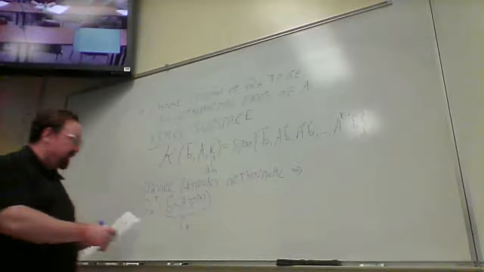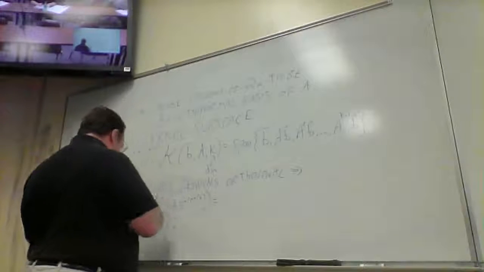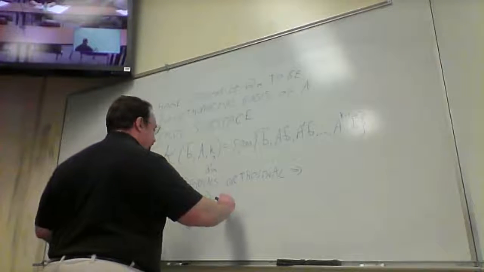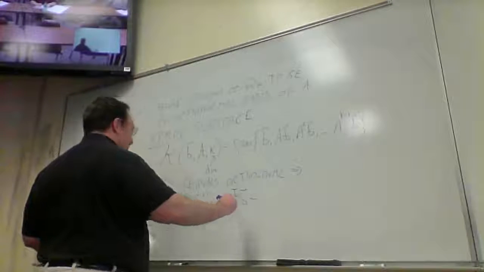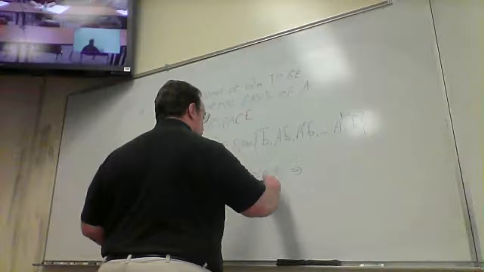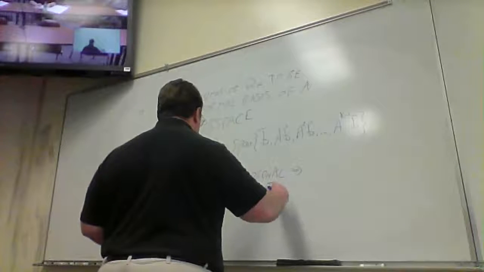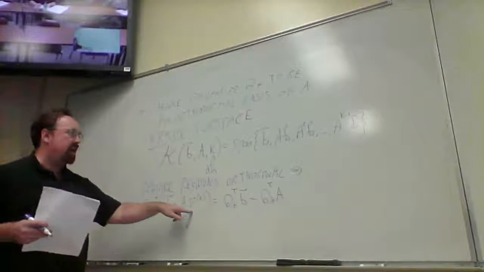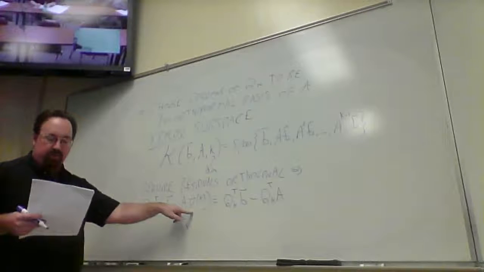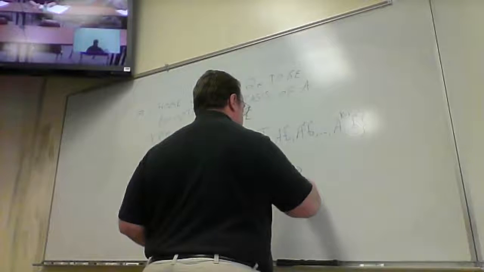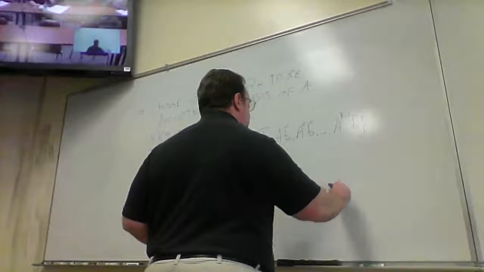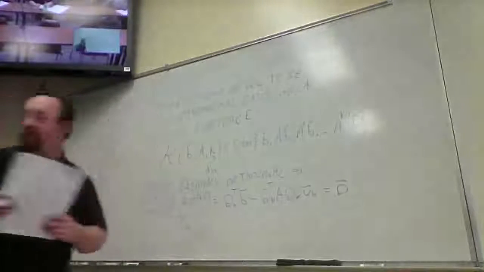Now, if I work out what that is, that's Q_k transpose b minus Q_k transpose A, and then x_k, I'm going to include the form of that. That's Q_k y_k. And this has to be the 0 vector.